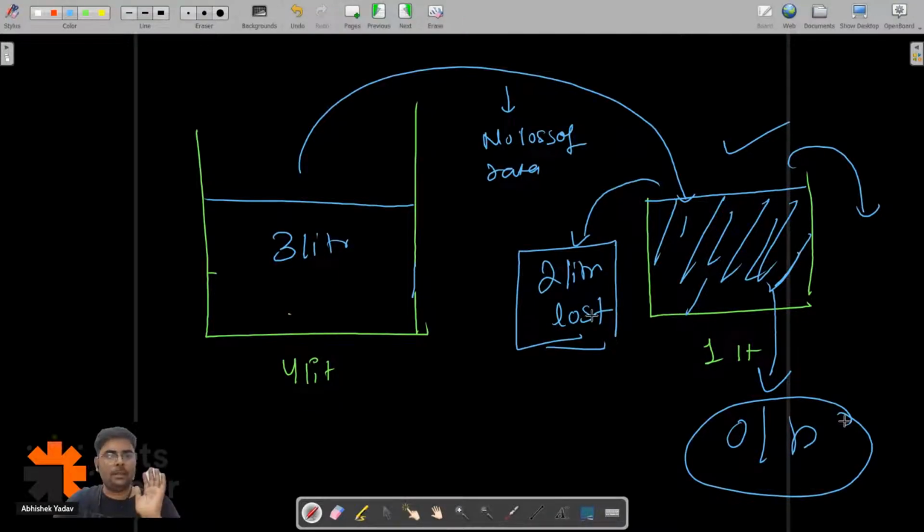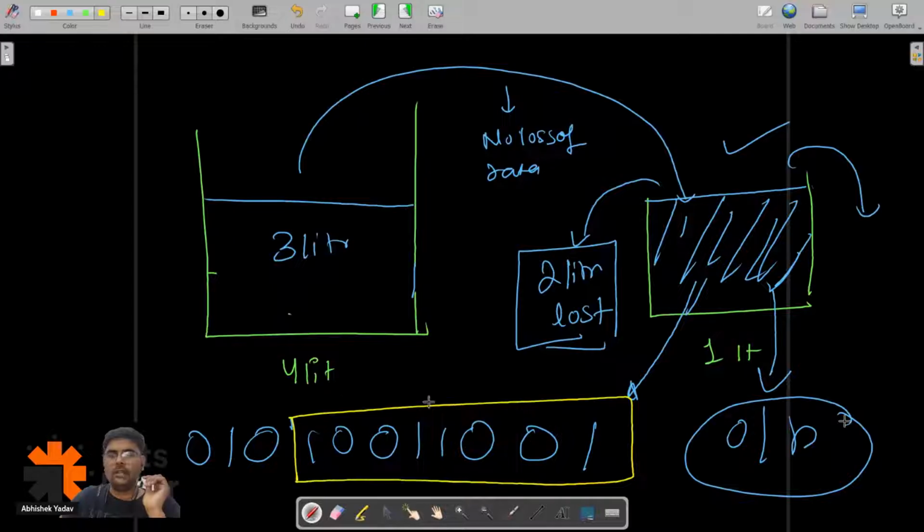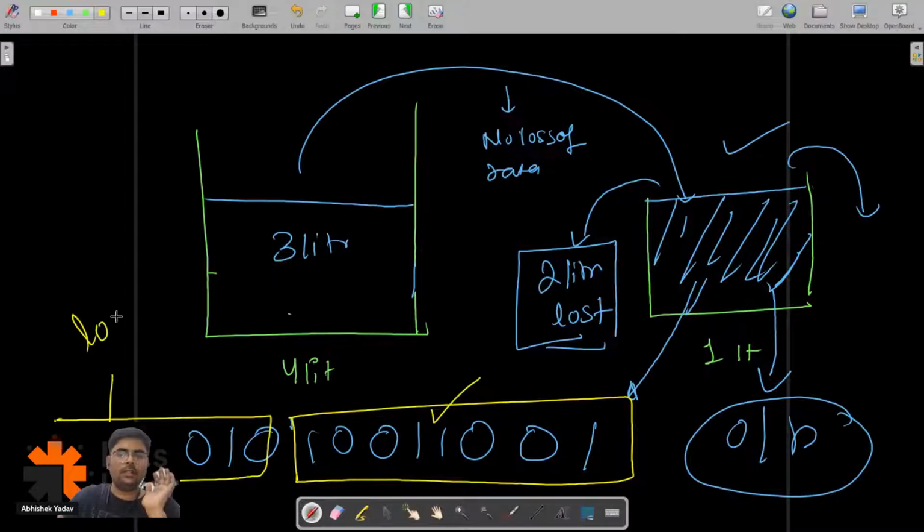And when I'm trying to print the information of this container, let's assume you have some data like this: 0 1 0 1 0 1 0 1 0 1 0 1, and you are saying, hey, only this part of the data is stored inside the container, and the remaining part is overflowed, that is lost.